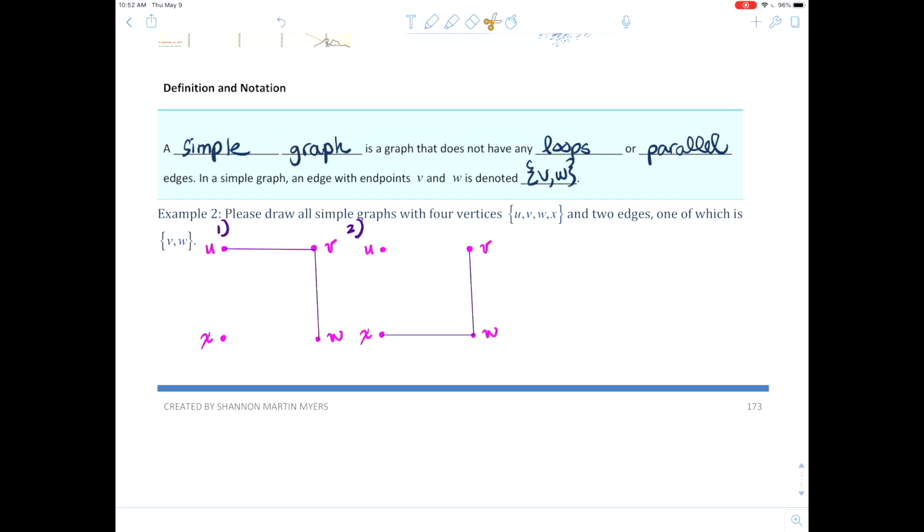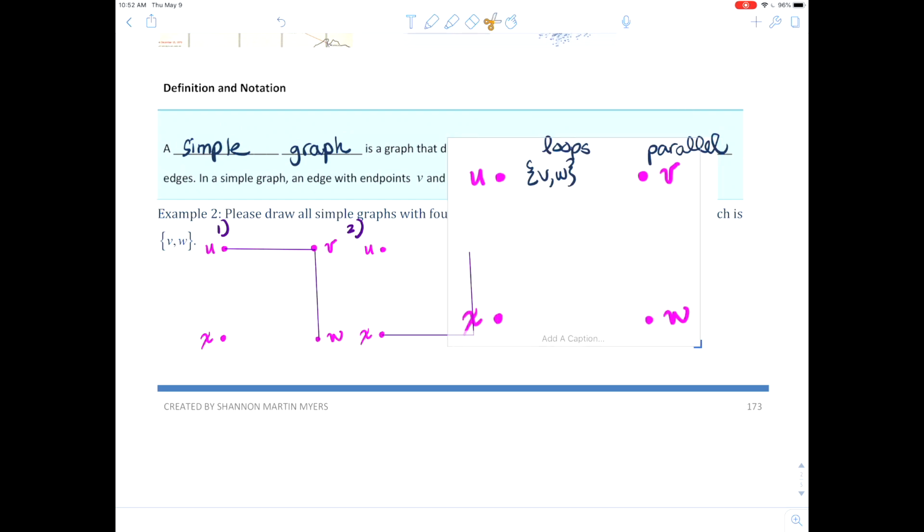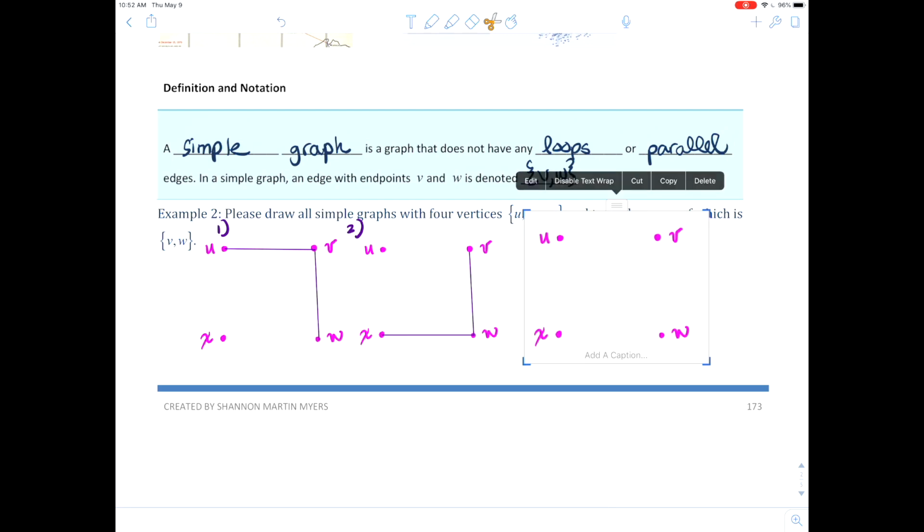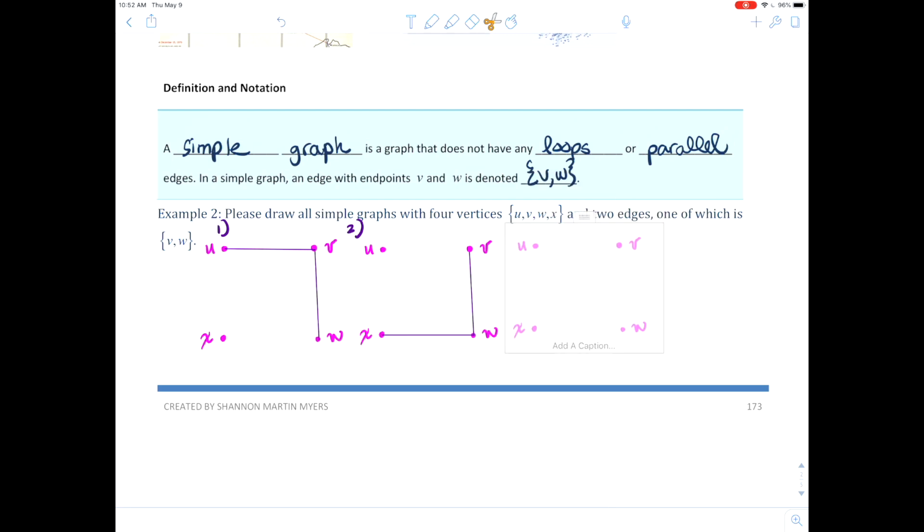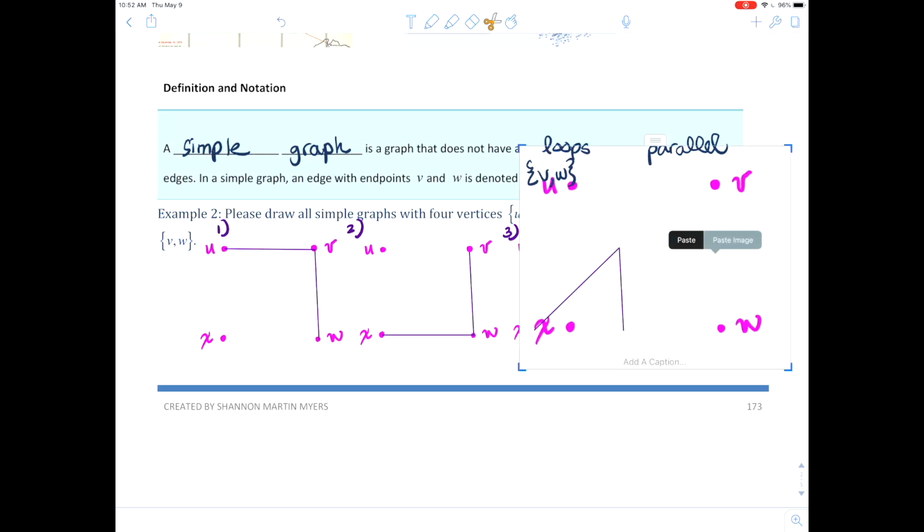And now putting another one in. And again, we need to have VW connected. And what else could we do? We could go across like this. And then there's just one more way, I believe, that this can happen.